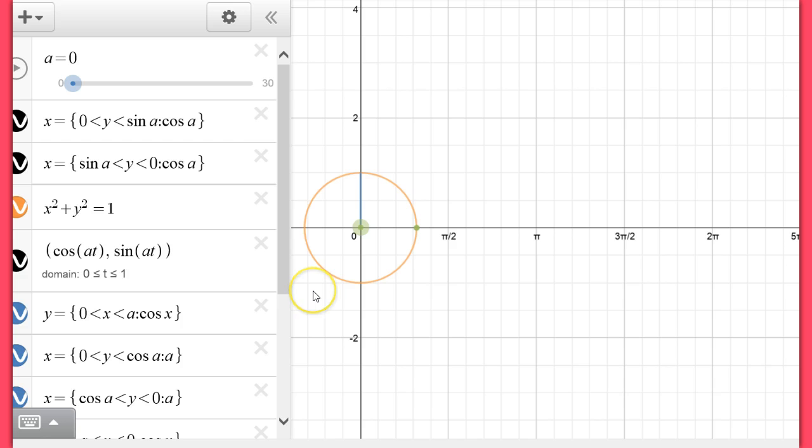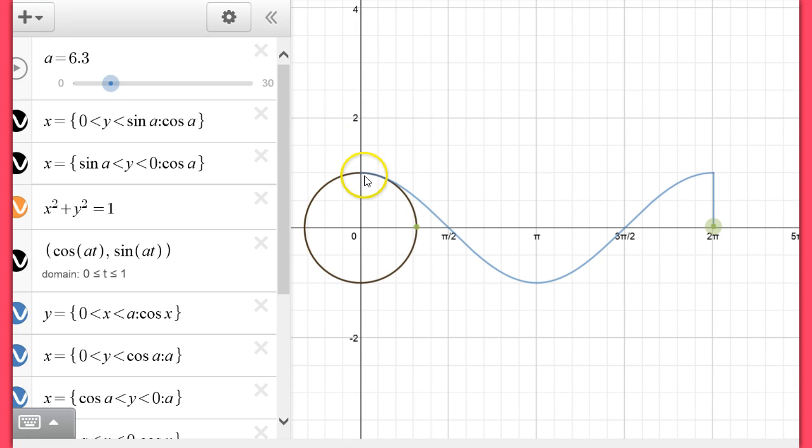Okay, so this time we're looking at a unit circle, but it's going to map out the cosine function. As I move this slider here, you see that point going around the circle, it's actually taking the cosine of that value, so the x value of that point. Okay, so as you see, it looks similar to the sine function. We do see this curve here, and as soon as we get to 2 pi, it repeats itself.